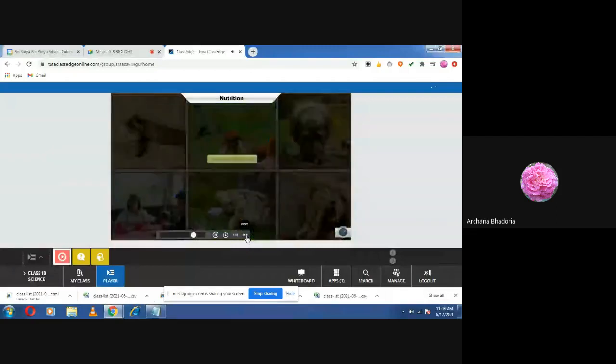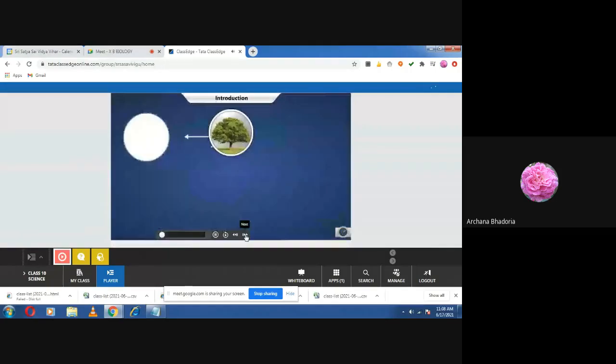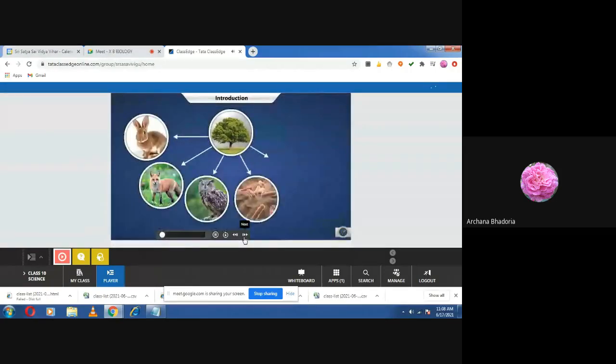Primarily, there are three modes through which organisms obtain their nutrition. These are autotrophic, heterotrophic, and mixotrophic. Let us learn more about autotrophic nutrition. All animals depend on plants, either directly or indirectly, for their nutrition.